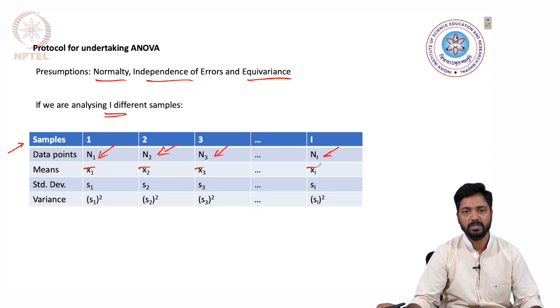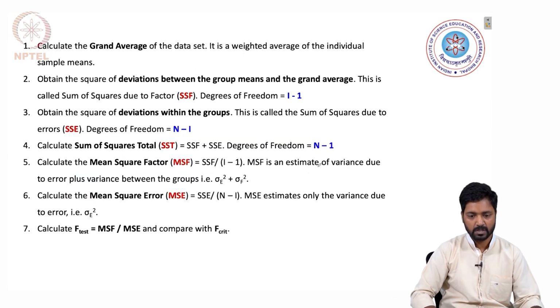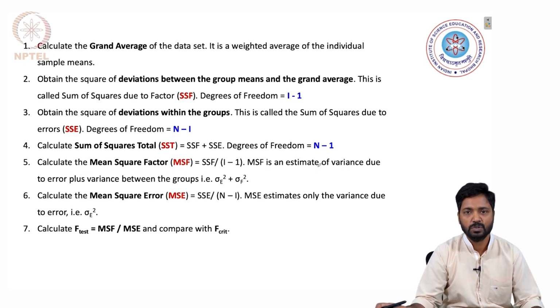And when we square the standard deviation, we get the variance of the data sets. So with these points in our hand, how do we conduct an analysis of variance? That is shown in the next slide, which you can see now.